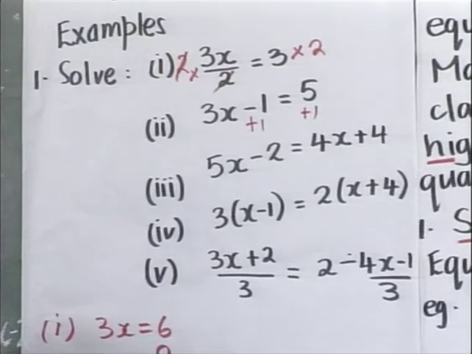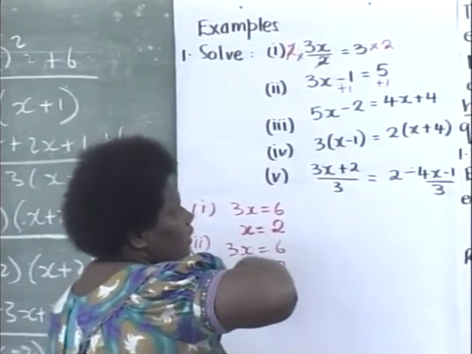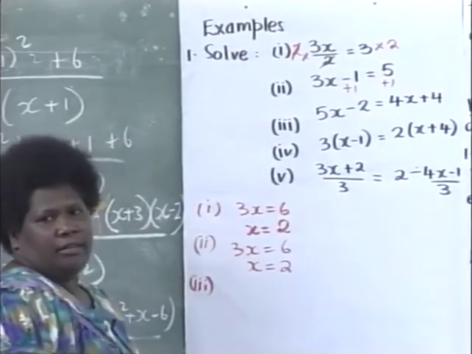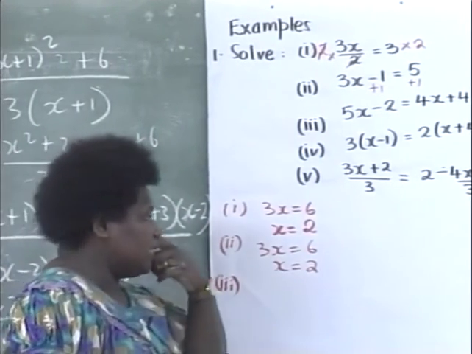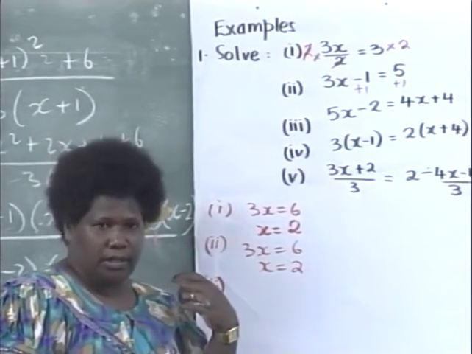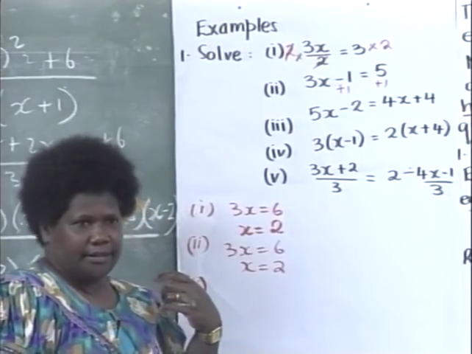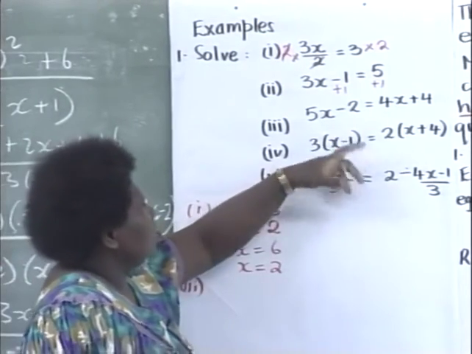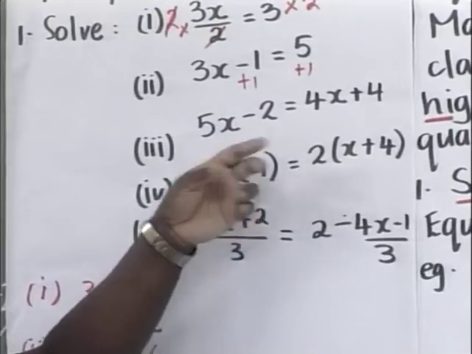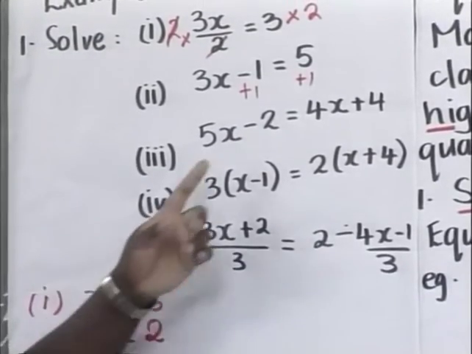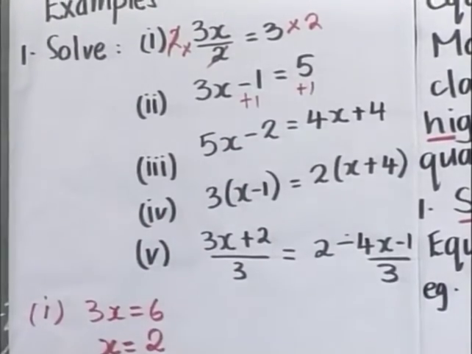Okay, so I can move 4x to the left and I move 2 to the right. This is how my teacher actually taught me in grade 10. Instead of adding 2 on one side, he told me just move this number to the other side and change the sign.